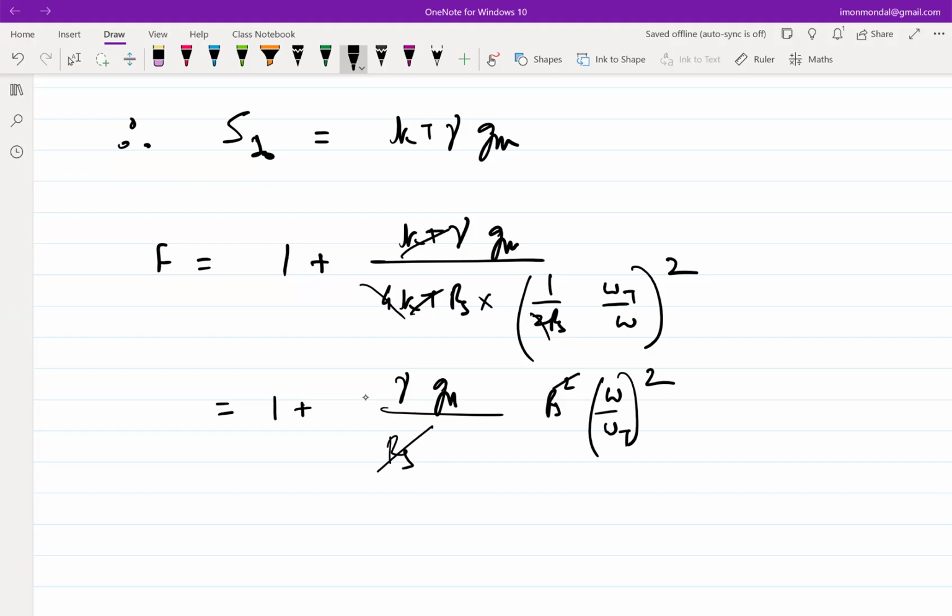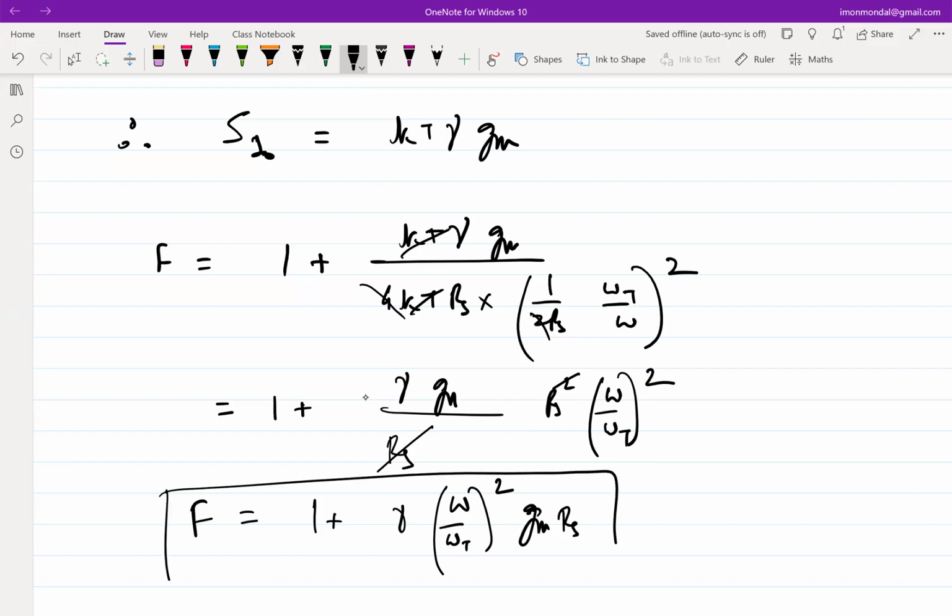So this one cancels, so it becomes 1 plus gamma omega by omega T whole squared times GMRS. Okay, so this becomes your noise factor.